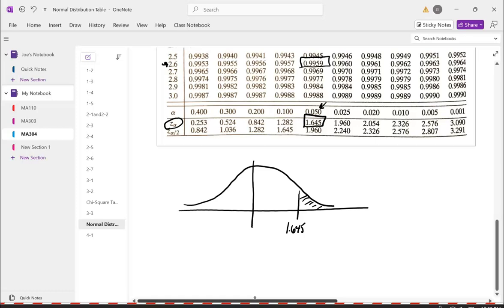So the problem that you had was z sub 0.1, right? It's looking for, in the picture, your z sub 0.1, it says that the area here is 0.1, right?